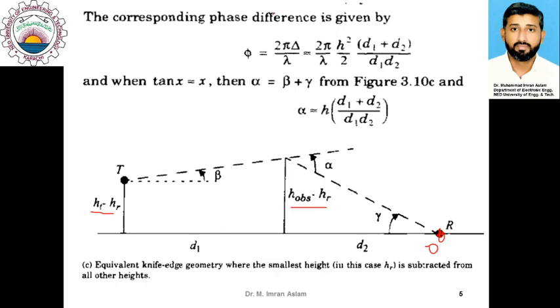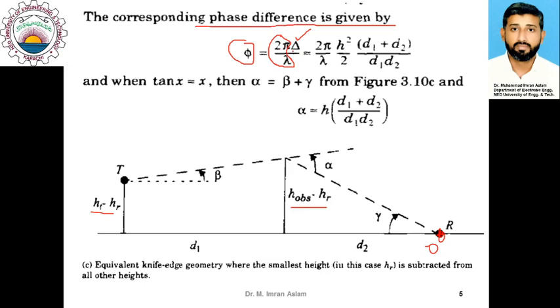We can use this geometry to make the necessary calculations. The path difference that we observe is given by this relationship. The phase difference is 2 pi by lambda times the path difference, as we have discussed in the case of the two-ray ground reflection model as well, because in 1 lambda of propagation the difference is 2 pi, and if you multiply with the path difference you will get the phase difference.